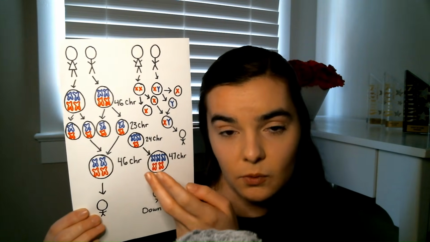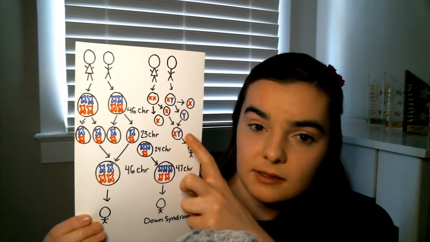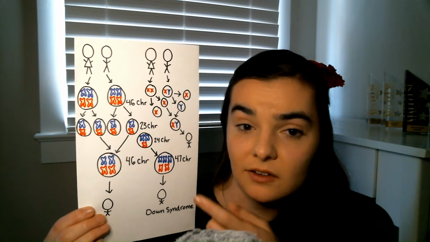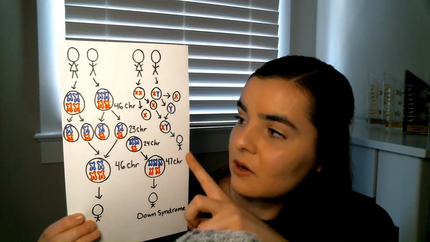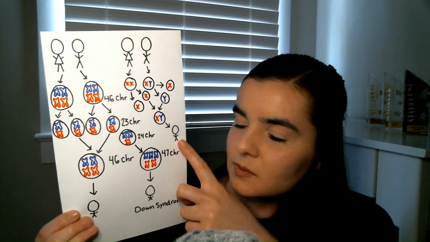It could get either one from her, but they'll all get an X. Whereas the male's germ cell is going to make some sperm that have a Y and some that have an X. And so if the male's X combines with the female's X, you get a female with two X's. Whereas if the male passes on that Y chromosome, you're going to get a boy that has X and Y. So this is basically showing how sex is inherited.